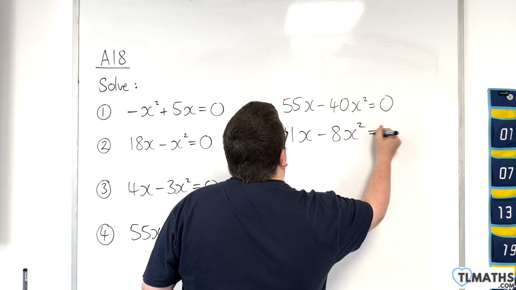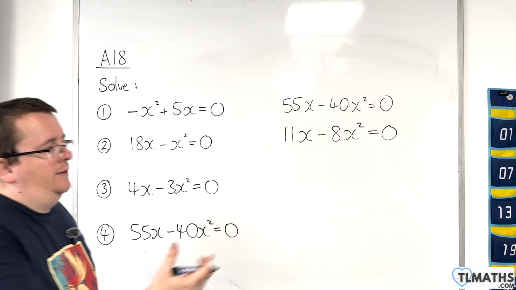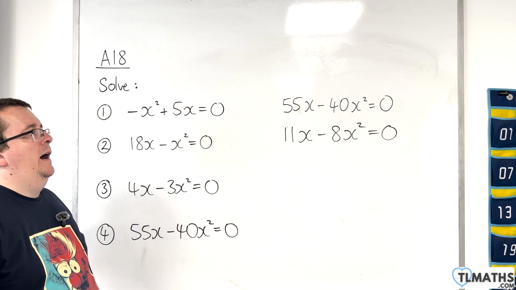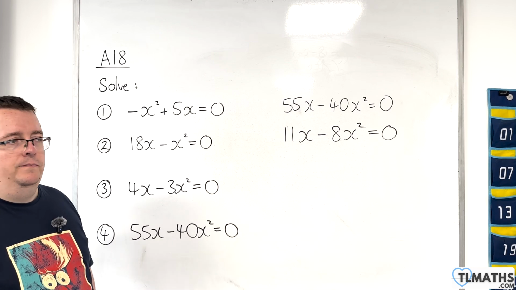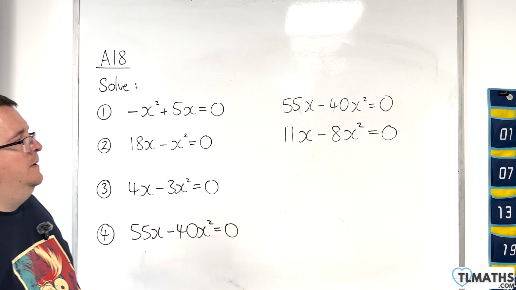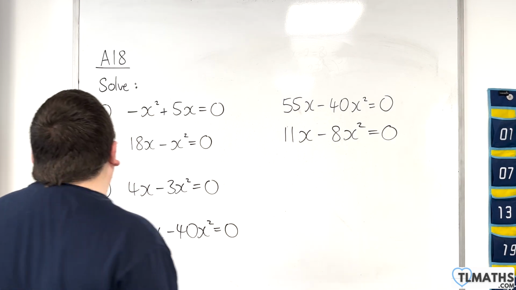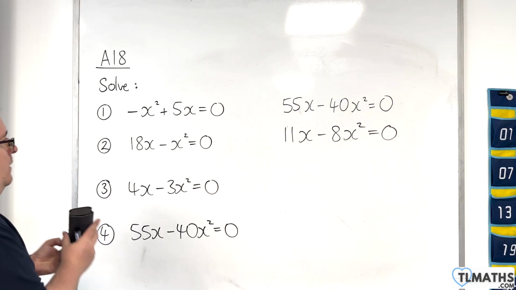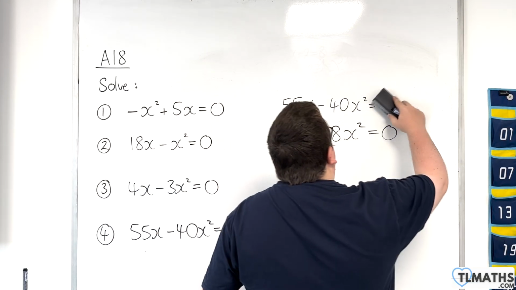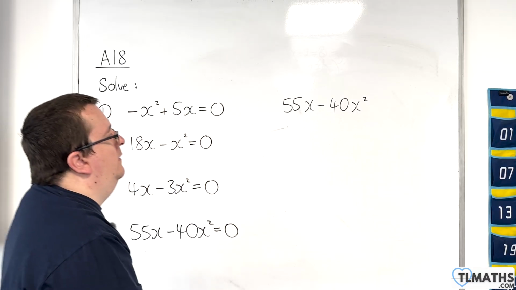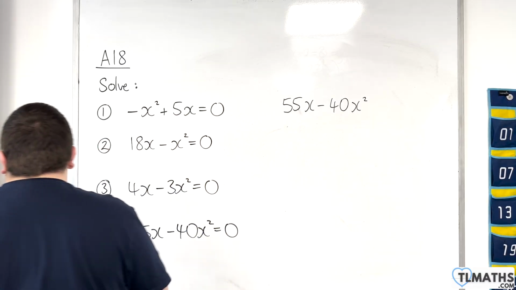I don't really want you factoring 5x out unless you absolutely have to. Okay. If you had a part A that said factorise this, right? Let's go through it this way.